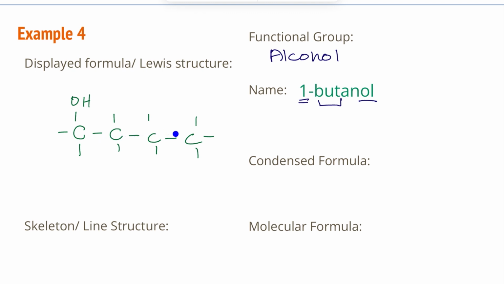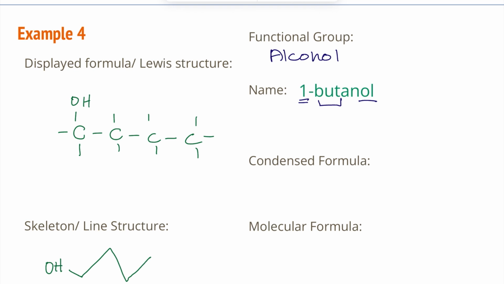And then as we look at this, we can write out our condensed formula now and our line structure. I'm going to do my line structure to show I've got 1, 2, 3, 4, and then I can show that is a single OH, showing that that is branching off of that first of our carbons.